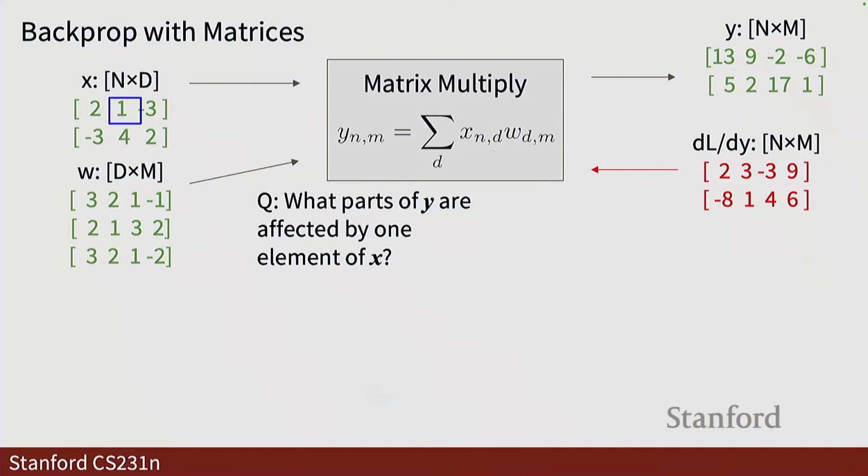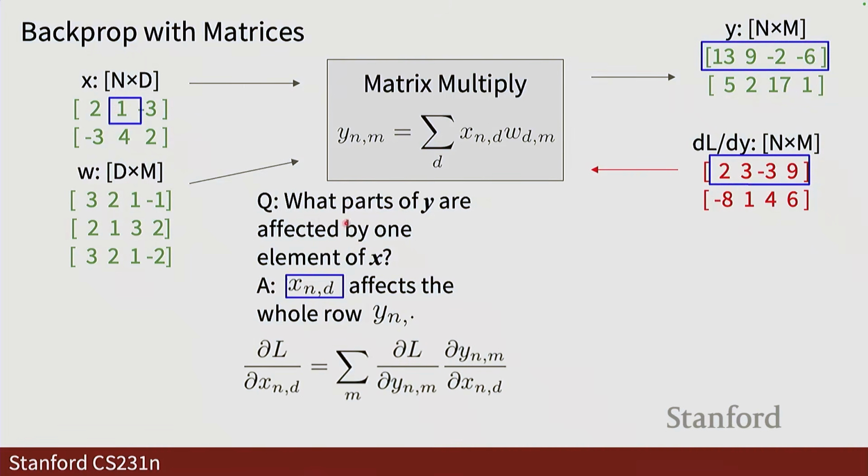In order to simplify this, we look at the values and how they impact each other. For example, what parts of Y will be affected if one element of X gets impacted. Here, the specific element X_{n,d} often affects just one row in the output.